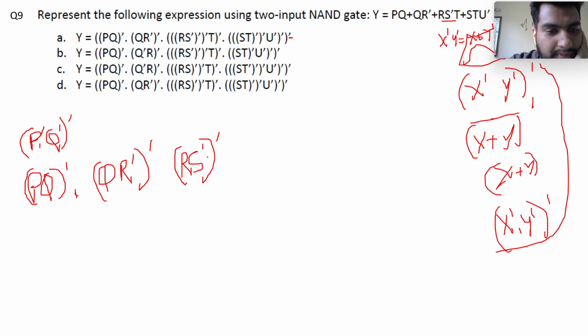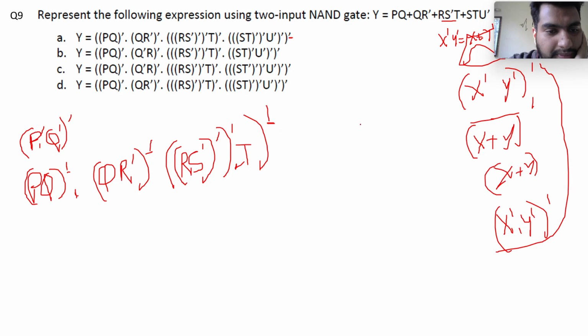So I'm getting back this RS complement and again complement it, and then we have T. So this T is simply like any other term here, and then we have the complement coming as we had here, simply we have it here.